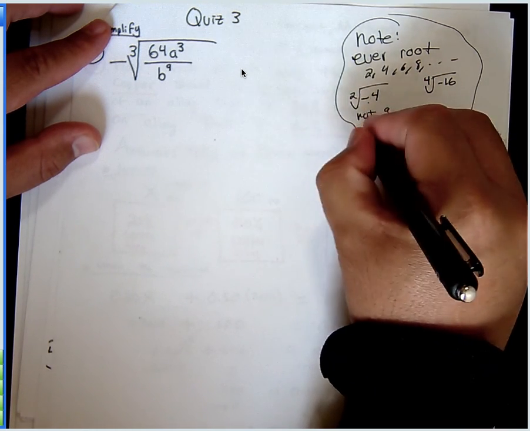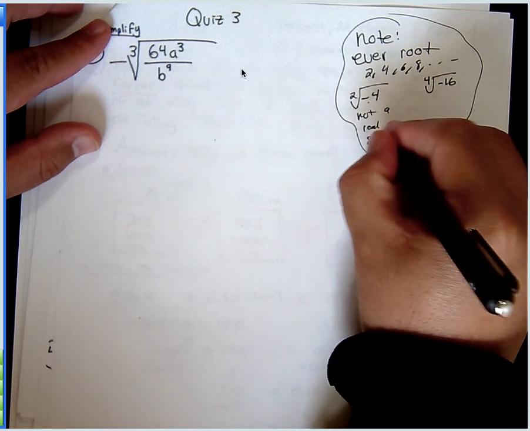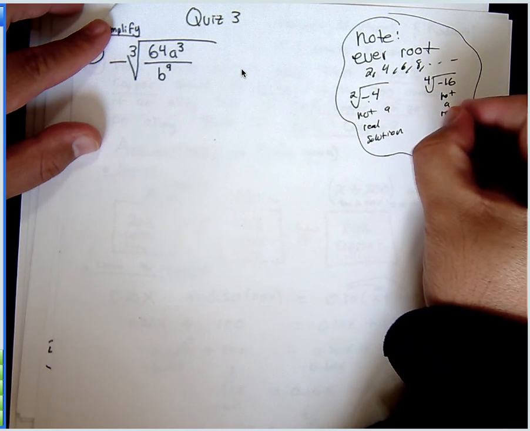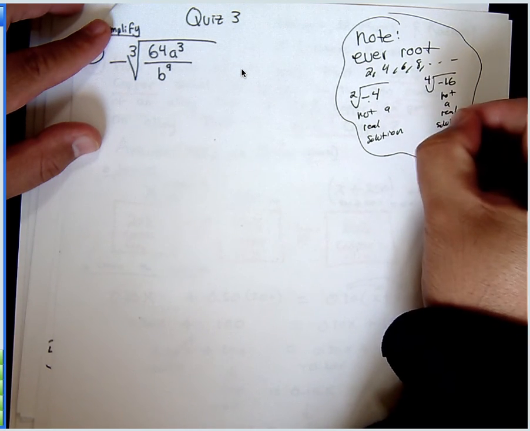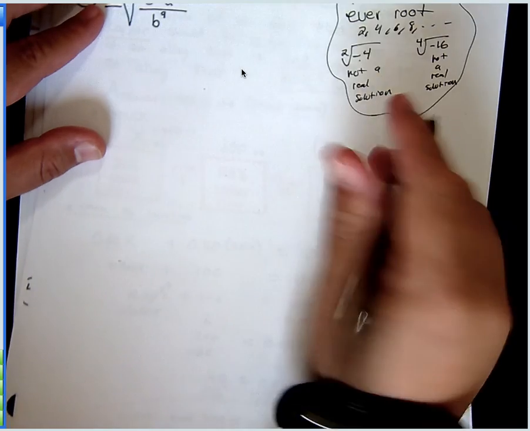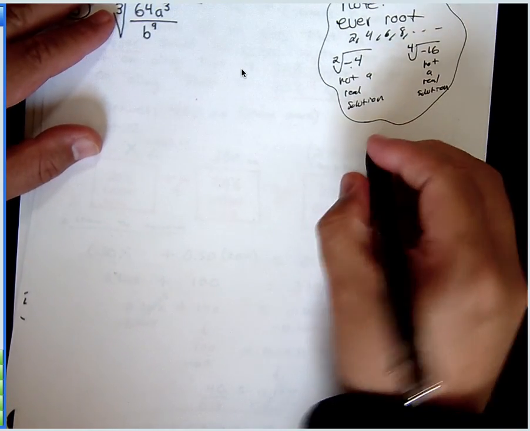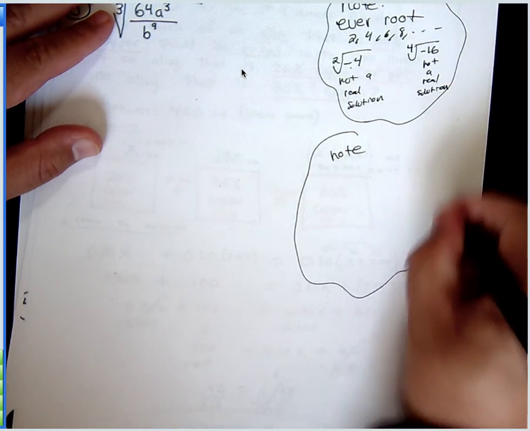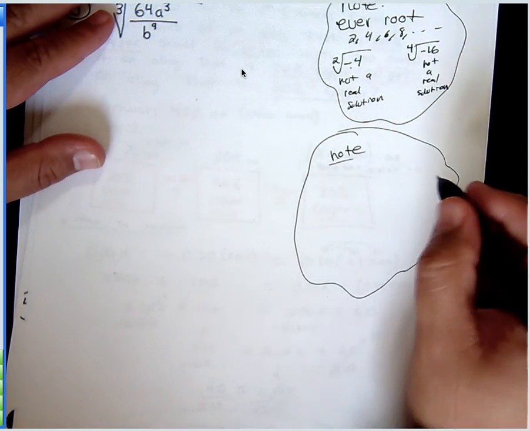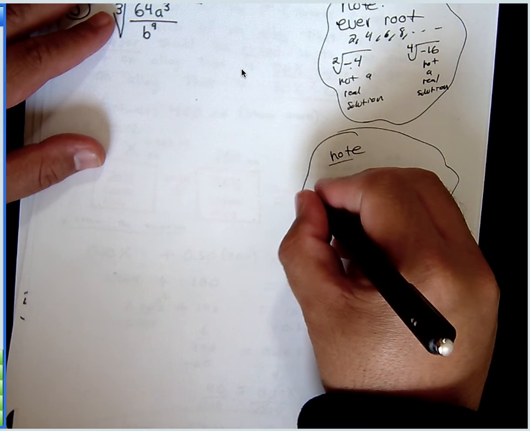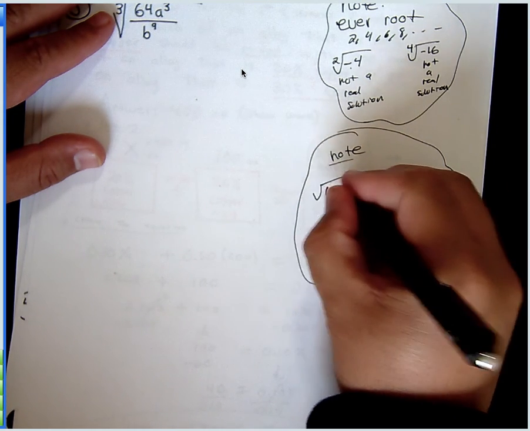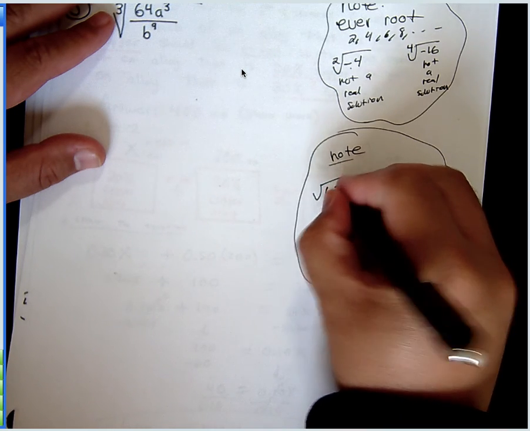Not a real solution. Not a real solution. Okay, it's not always the case. For example, you can have, this is another note, you can have the square root of -2 squared.